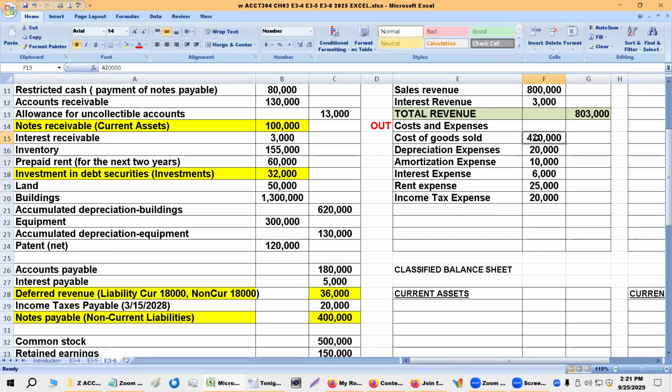All right. And these are money going out. I'm going to go ahead and put negatives for all of these. You can actually do that with the pasting. And the reason I'm doing this is just to show that this is either money or goods going out.